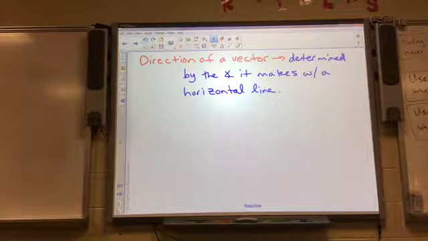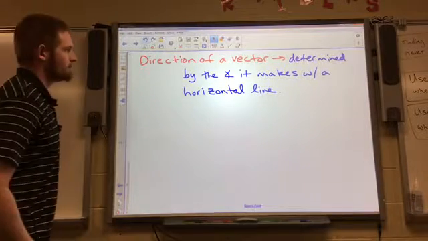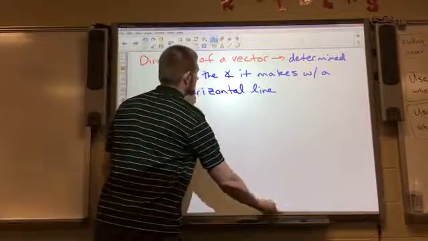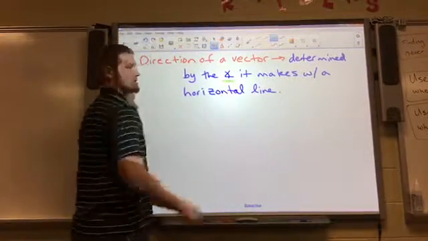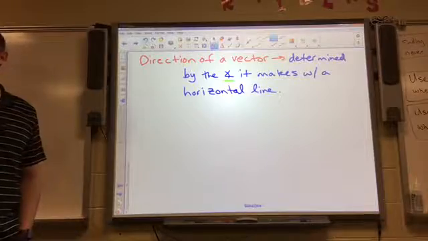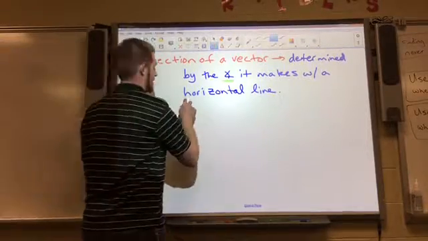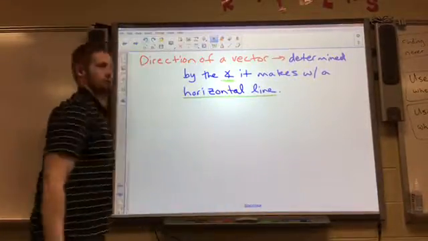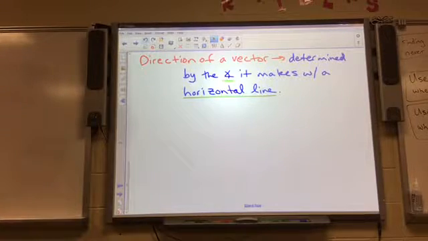What words seem to be important in that one? Angle. So your direction is going to be an angle, right? Okay. And horizontal line. Okay, those are your important words out of that sentence. It's an angle based on a horizontal line.